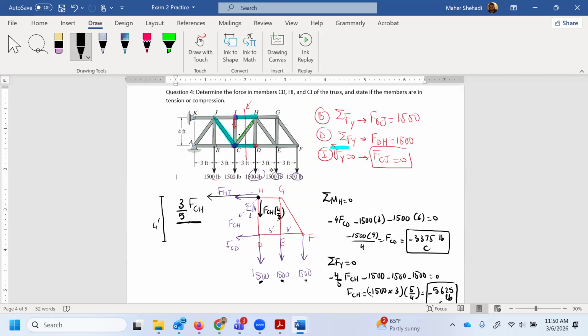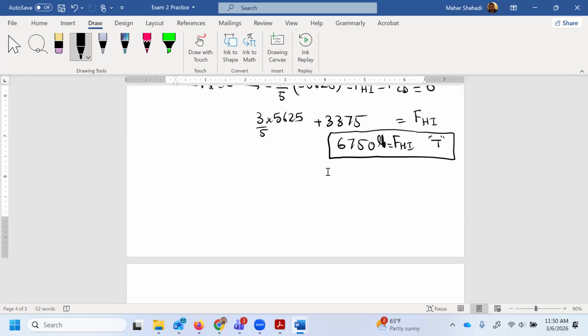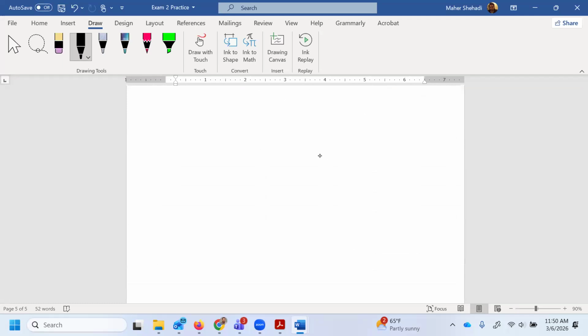So now I got CH, I got CD. This one we said it's zero, so it simply goes away. So now I need to consider joint C. I have FCD, I have FBC, or BC.